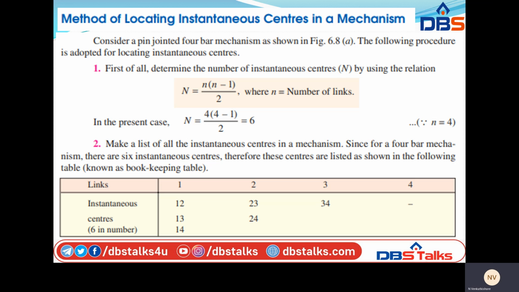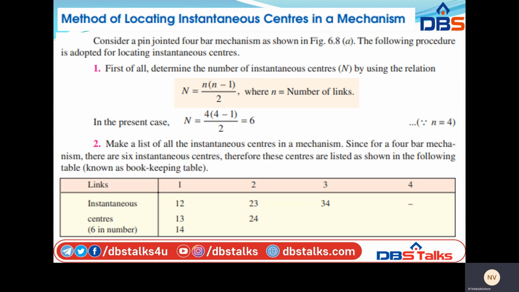Now, the method of locating the instantaneous centers in a mechanism. Consider a pin-jointed 4-bar mechanism, and the following is the procedure to adopt for locating the instantaneous centers. As we know, the 4-bar chain mechanism is what we already discussed in the previous diagram.